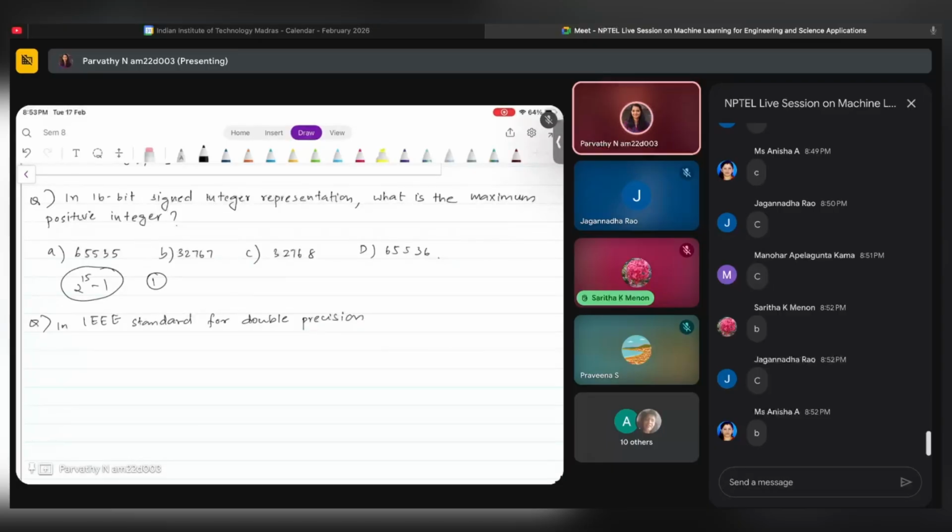So in the IEEE standard for double precision, which is 64-bit, how are the bits allocated?